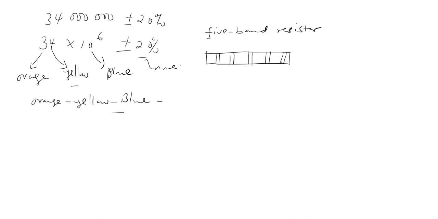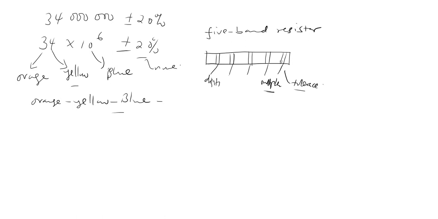You start from left. What you have to know is that in any band resistor, be it 4, be it 5, be it 3, the last two bands represent multiplier and tolerance.